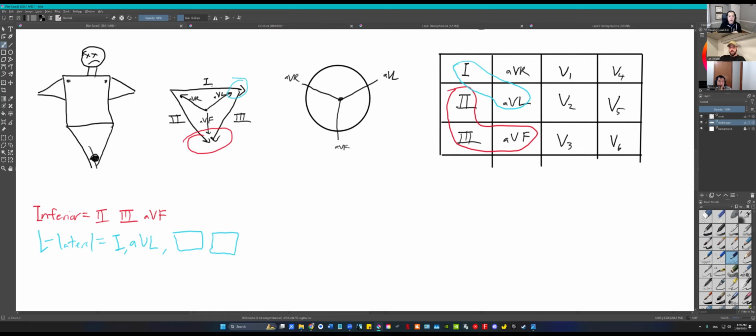Now, lead 1, you can take this arrow and drag it over here. Lead 1's nice and simple as well. It goes straight to the left side. So this is lead 1. You can take lead 2 and drag it over here. And here's lead 3.